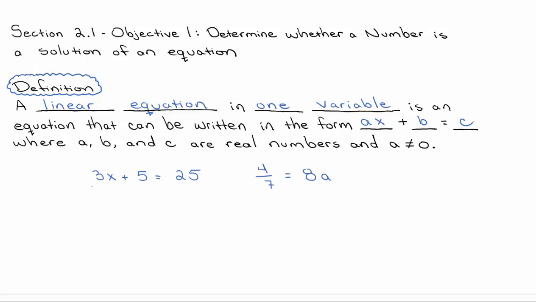The 3x plus 5, we would call this the left side of the equation. And the 25, we would call this the right side of the equation.